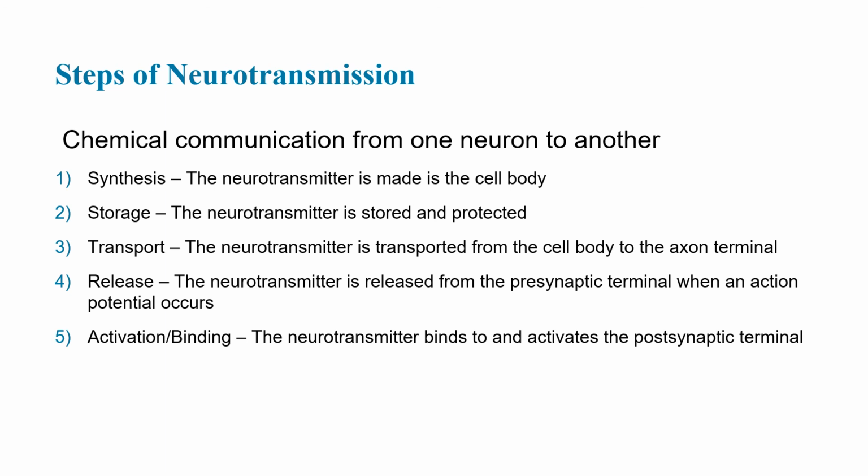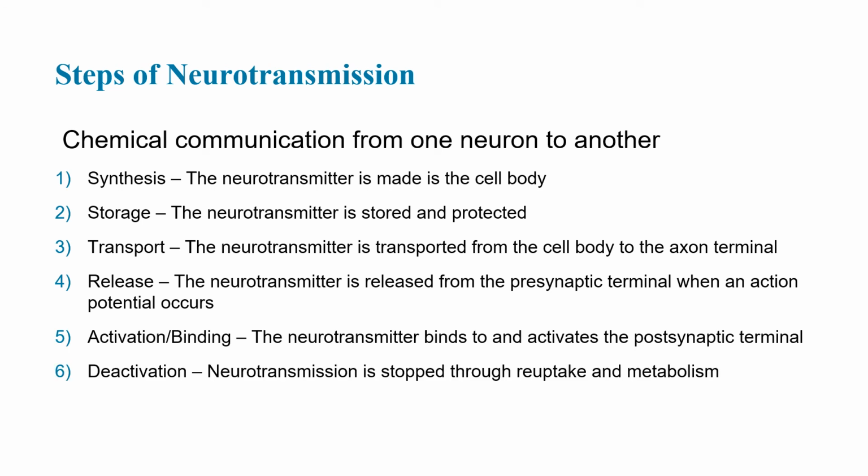Then activation and binding occurs, where the neurotransmitters bind and activate in the postsynaptic terminal, causing that other neuron to either fire or be inhibited, depending on what is there. Typically, it's going to cause that neuron to fire as well. And finally, deactivation occurs, where neurotransmission is stopped through reuptake and metabolism.